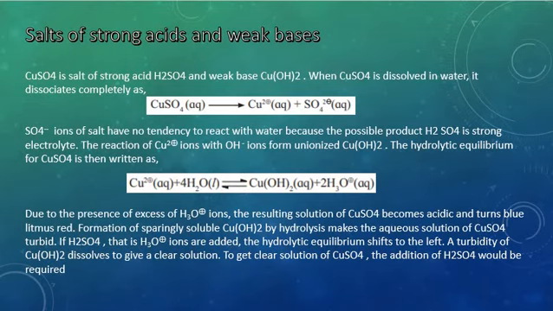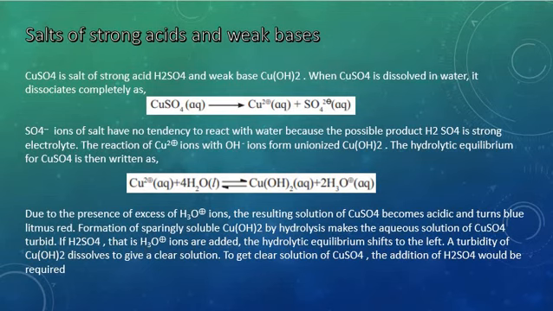Due to the presence of hydronium ions, the resulting solution of copper sulfate will become acidic and it will turn blue litmus red. I'm telling you again, cupric will start reacting with water to produce hydronium ion and cupric hydroxide because hydronium ions are getting more in number. That is why the solution is having more hydrogen ions to make it acidic.